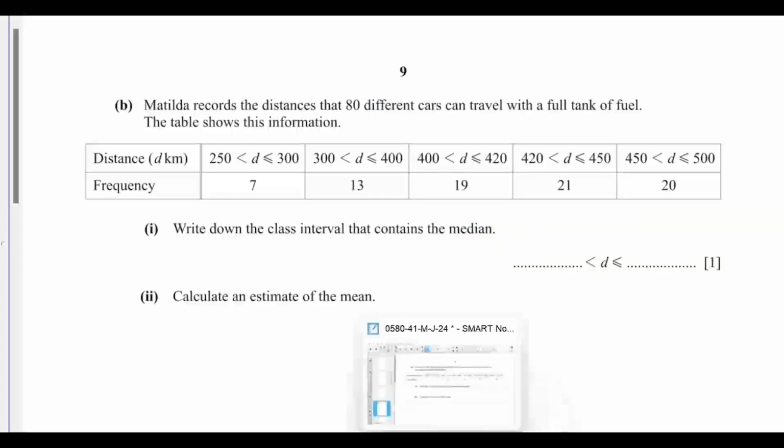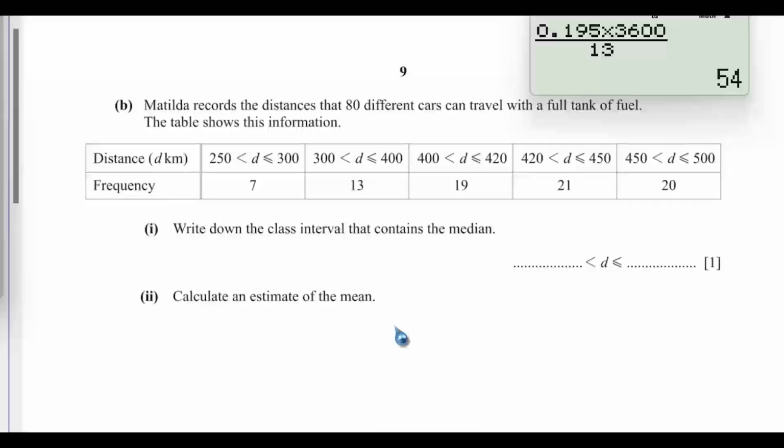If you take your calculator and add the frequencies, we say 7 add 13, so the answer is 20. We still need to go further. Let's add 19, so this is 39. Of course, we didn't get half of 80 here, so it can be this class. Obviously it is this class, because this is where we're going to have 40 inside.